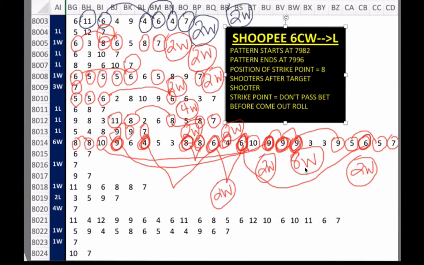Only once did it go to 8. Only once did it go to 4. What would be your inclination as far as a bet? Probably to bet a don't after 2 wins. Which, if you had done that, then you would be up a few units. Because that's just what's trending right now.